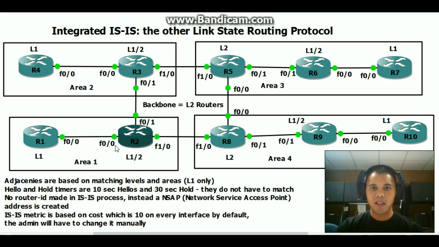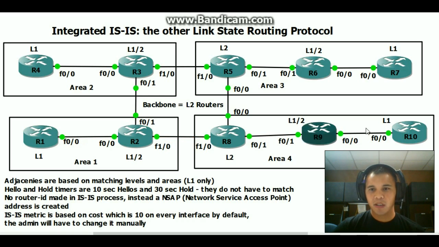By default, every interface, regardless of whether it's a fast 100 megabit link, a gig link, or a 10 gig link, ISIS is going to give a metric or cost of 10 for every single interface. If you step back and think about it, this is almost like a distance vector protocol like RIP.